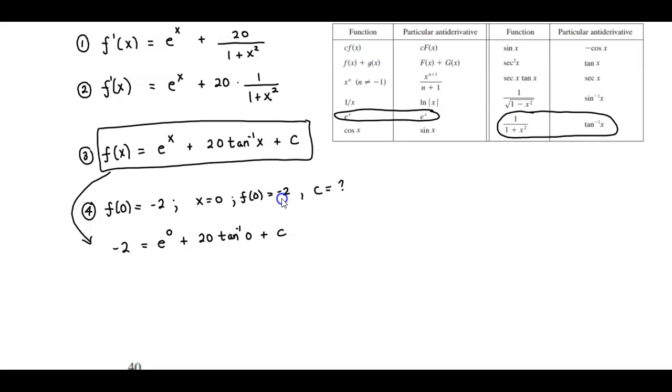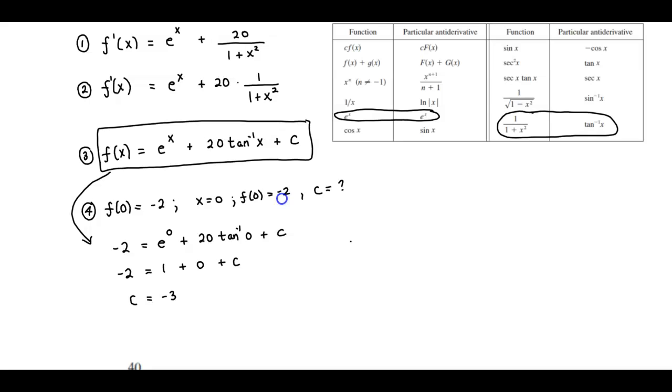So we know that this is going to give us negative 2, which is equal to 1. And tangent inverse of 0 is 0, so that's plus 0 plus c. And if we want to solve for c, then we would subtract 1 from both sides and get negative 3.